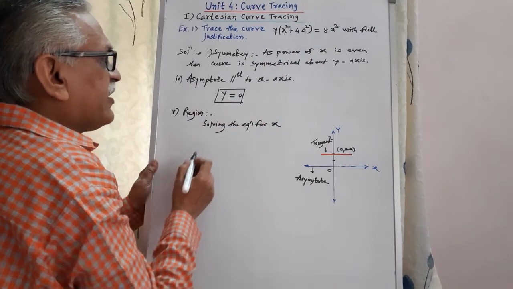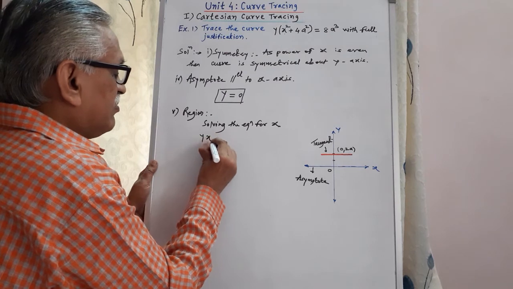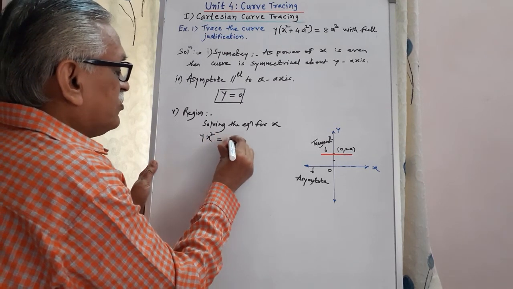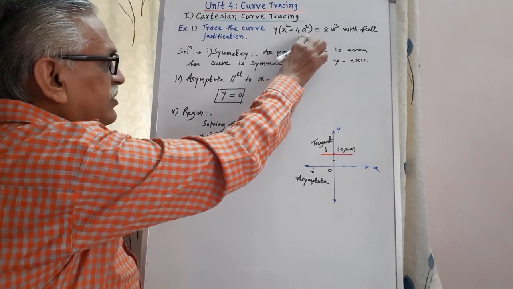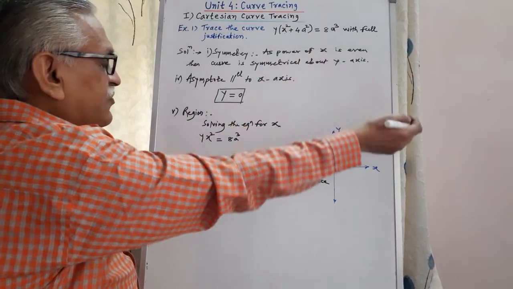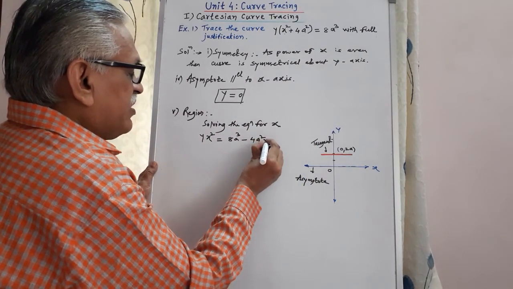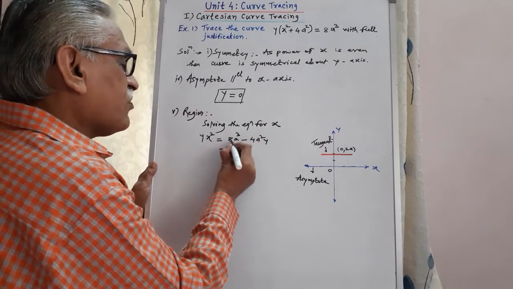Therefore, I will rewrite it. It is y into x square equals 8a cube, this one is 4a square y. Transferring to the right, we get minus 4a square y. What can we take common from these two?